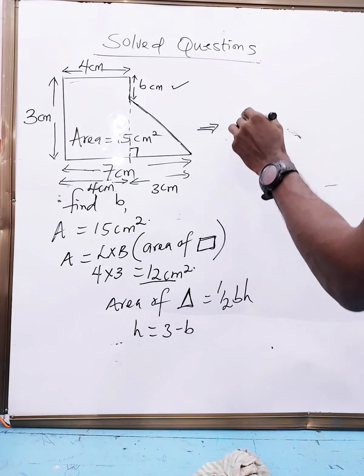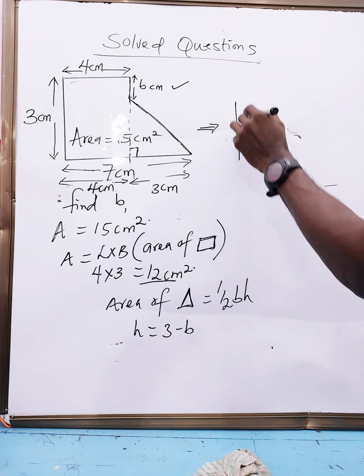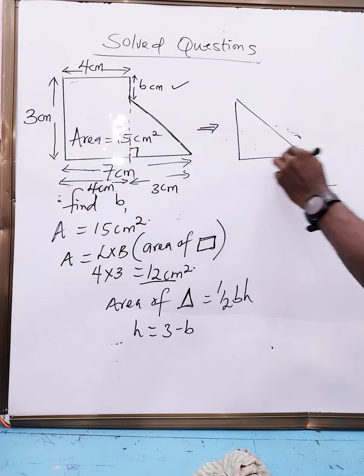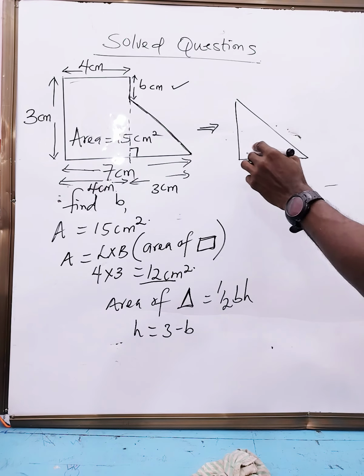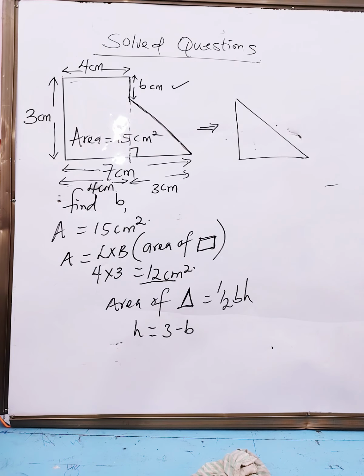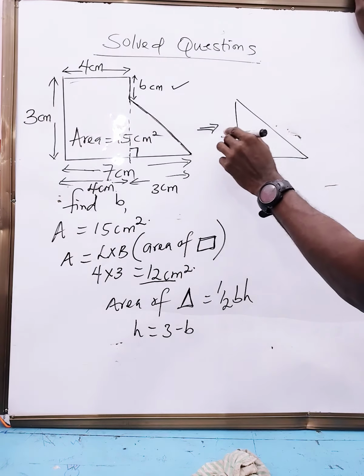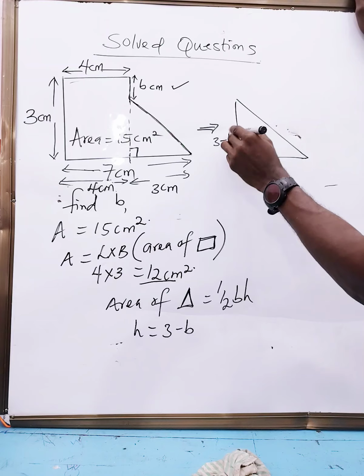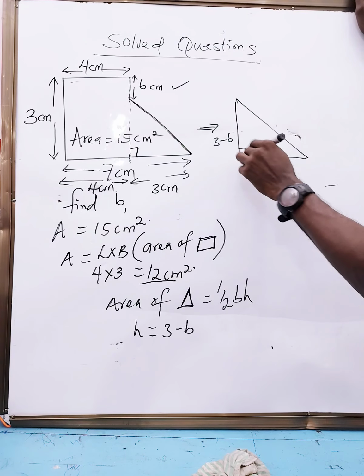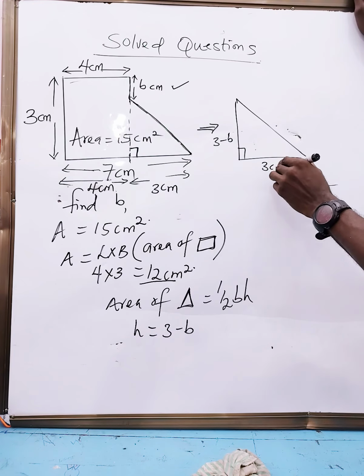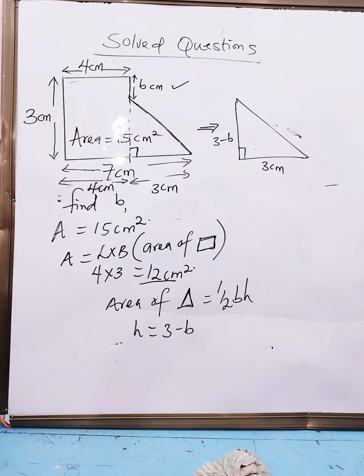So now our triangle becomes 3 minus B as our height and 3 centimeters as our base.